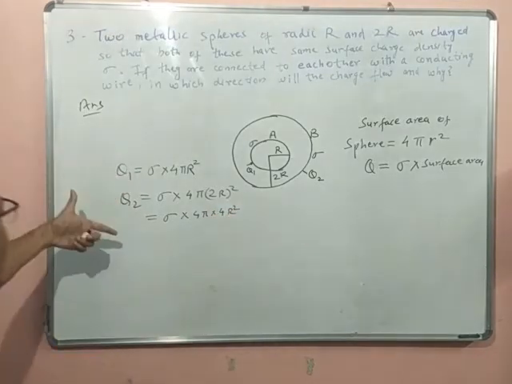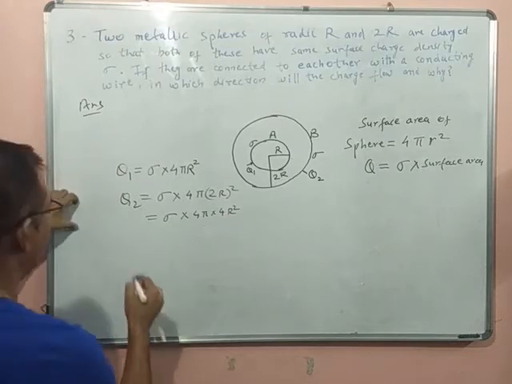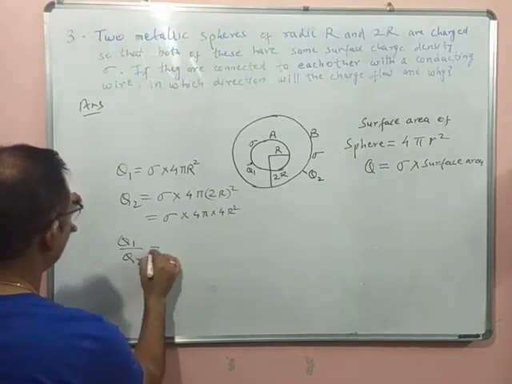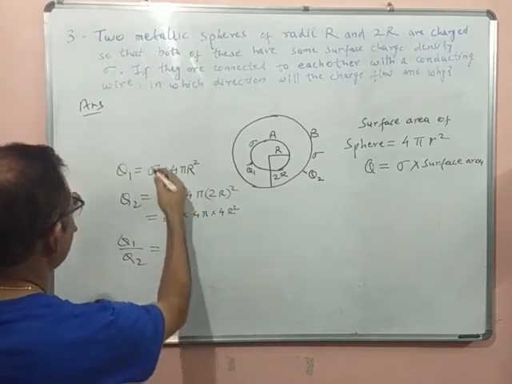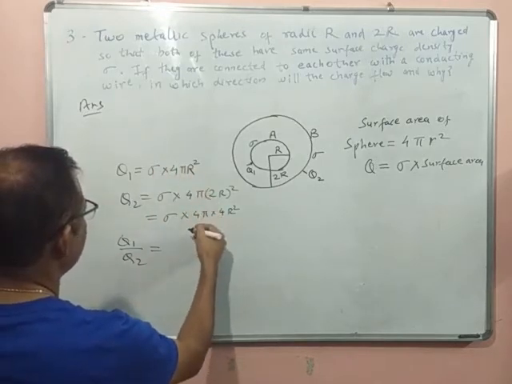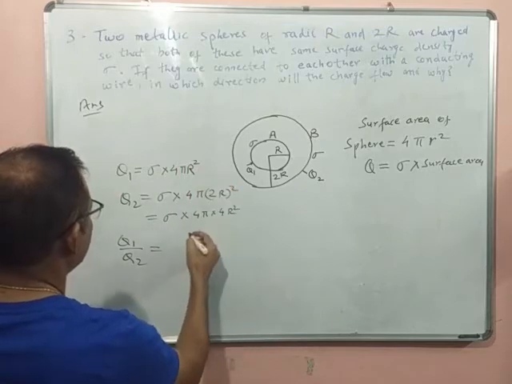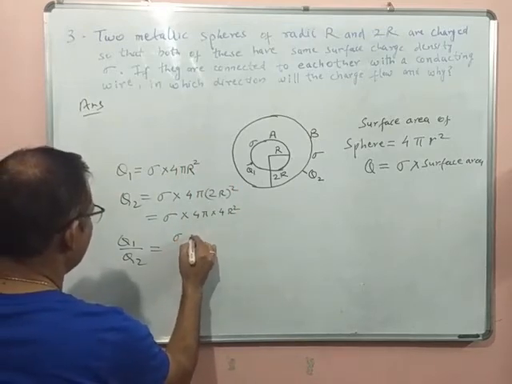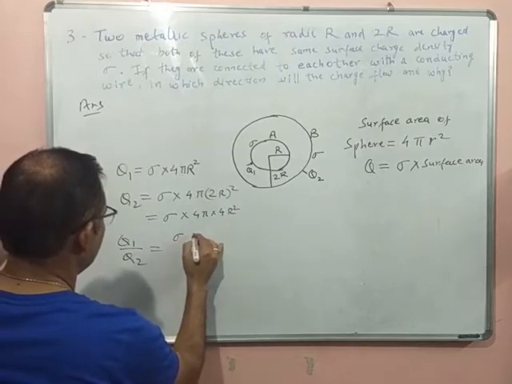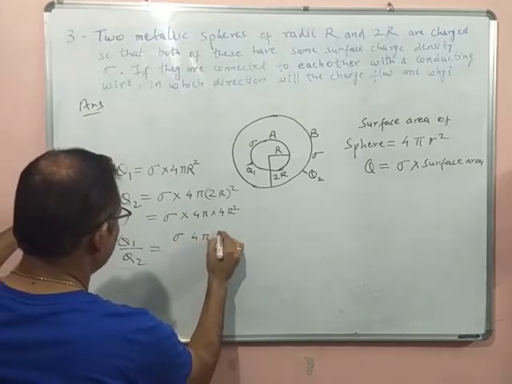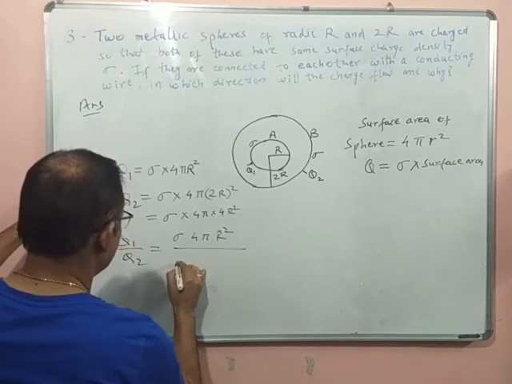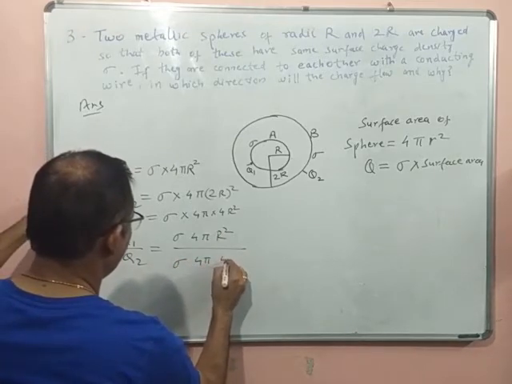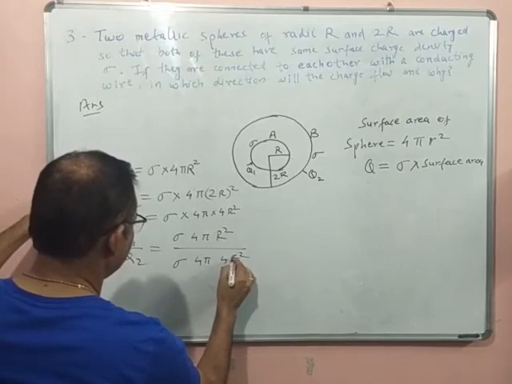Now I'll take the ratio Q1 is to Q2. So sigma and sigma will cancel out, 4 pi and 4 pi will cancel out. I'll write it down so that it will be easy for you to understand: sigma 4 pi r square upon sigma 4 pi 4r square.